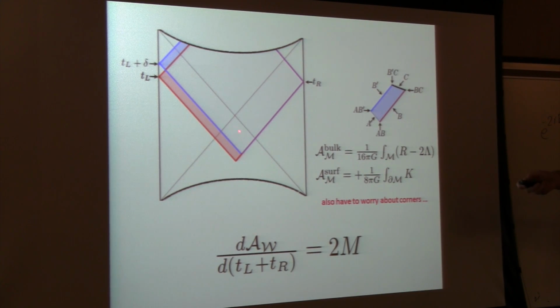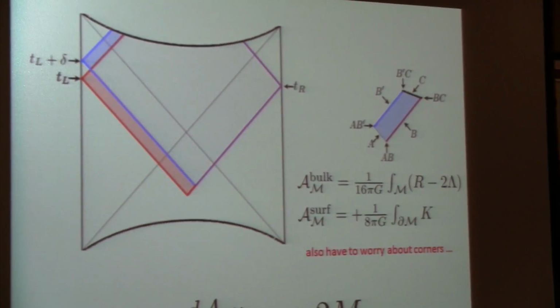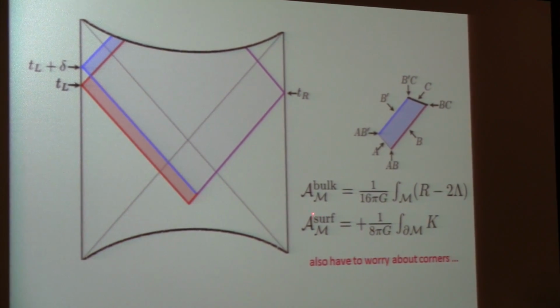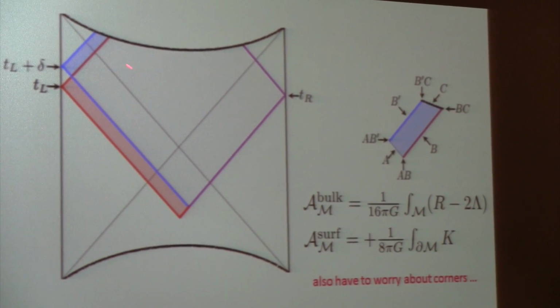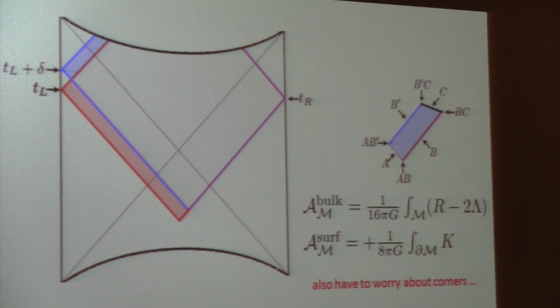At late times, this part also does not contribute very much. So what you have to do is look at this little piece here, which is actually not little. It's the same size as everything else. You have to calculate how much action is produced by this little increment. So that's why I put M before, because what we're going to do is calculate the action of this little patch and not the whole thing at once. It's just a simpler way to do the calculation.